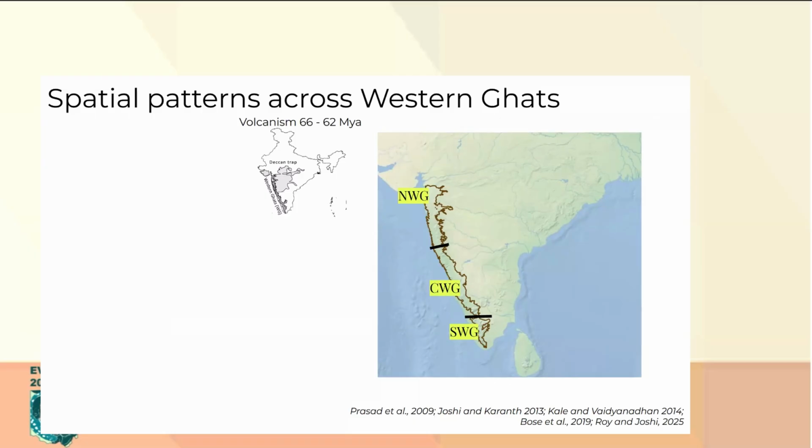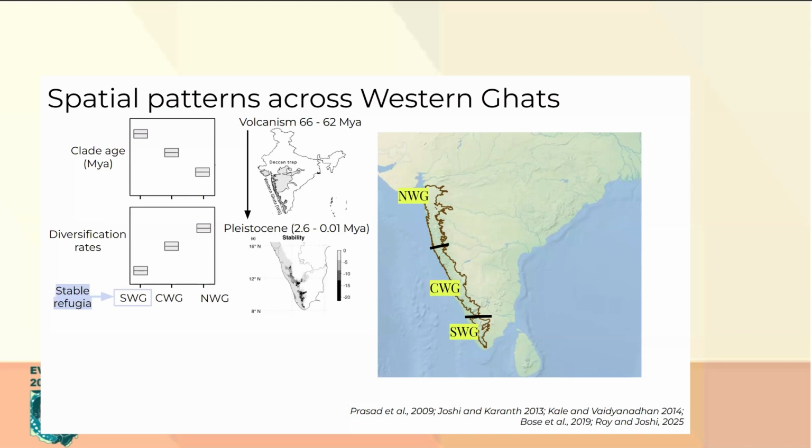And since ancient times, when there was abrupt volcanism in the northern part of the Western Ghats, till very recent times, what has been observed is that the southern Western Ghats has been climatically very stable, as well as shielded from all these different geoclimatic changes.